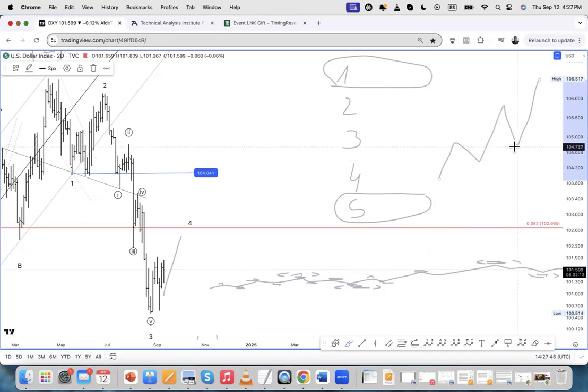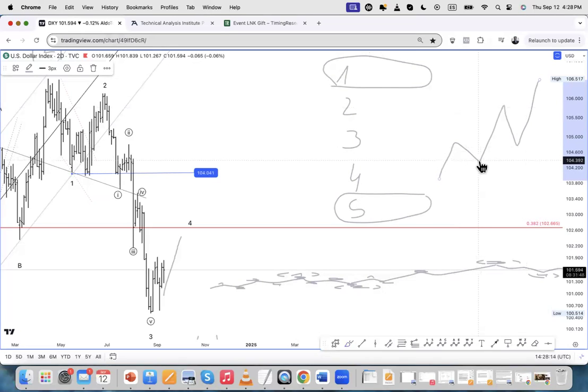That is what we refer to as overlap. Wave 4 overlapped wave 1. Okay, and there you have the 3 rules. A sandwich between 1 and 5, right? Wave 2 can never travel more than 100% the distance traveled by wave 1. Wave 3 can never be the shortest, and wave 4 can never end in the price territory of wave 1.